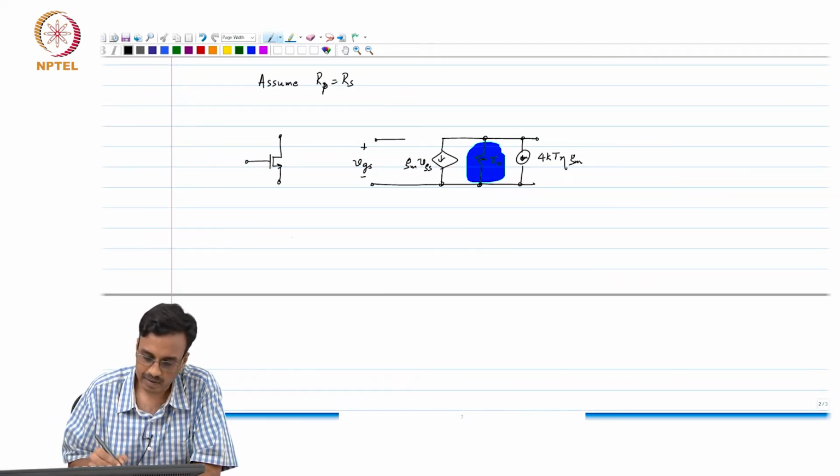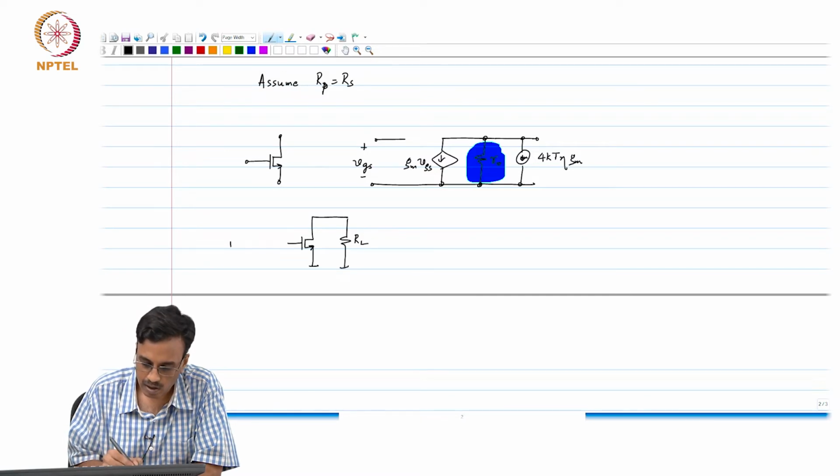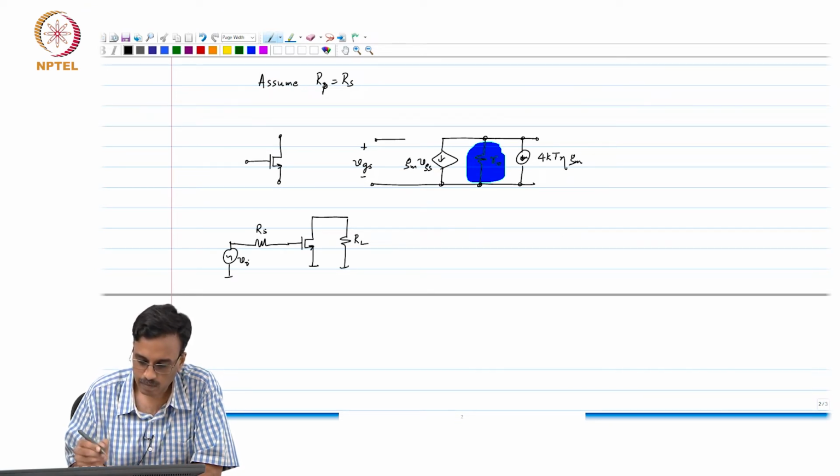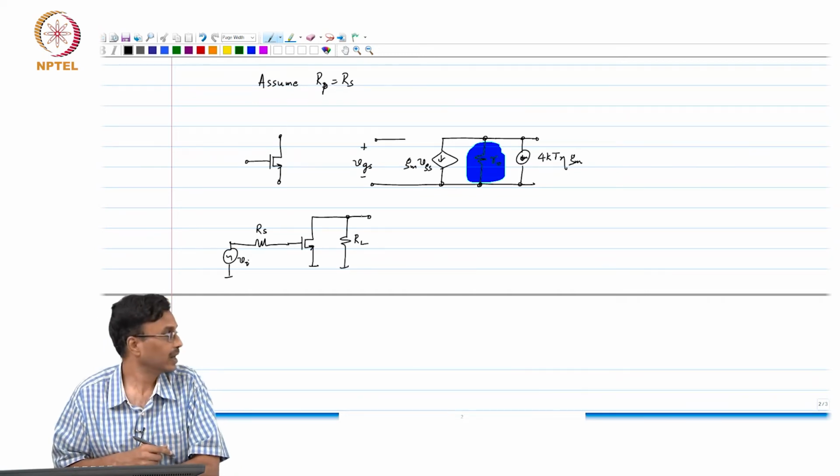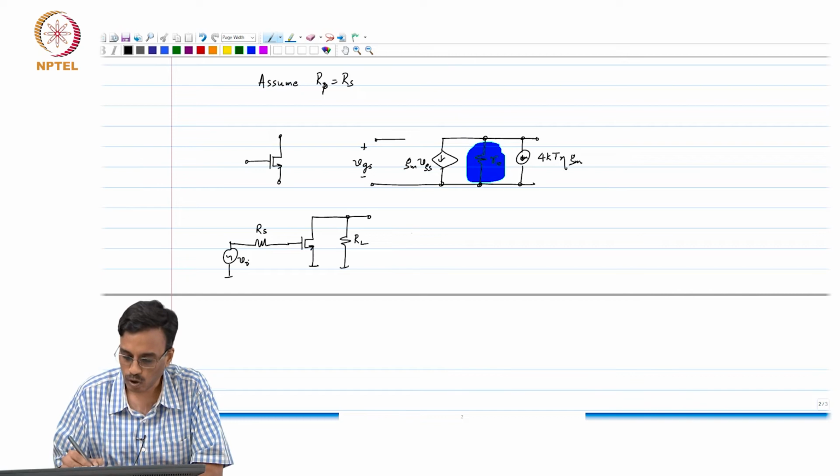Now, let us do a simple common source amplifier whose incremental picture is shown here, and this is Vi, this is Rs, and that is RL. So, what comment can we make?